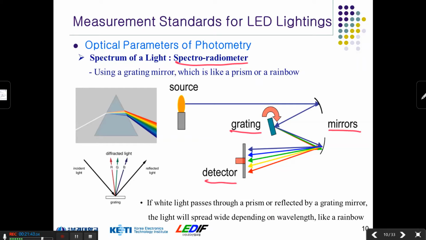If a white light source passes through a prism or is reflected by a grating mirror, the light will be spread depending on wavelengths, like a rainbow, where you can see red, yellow, green, and blue colors.